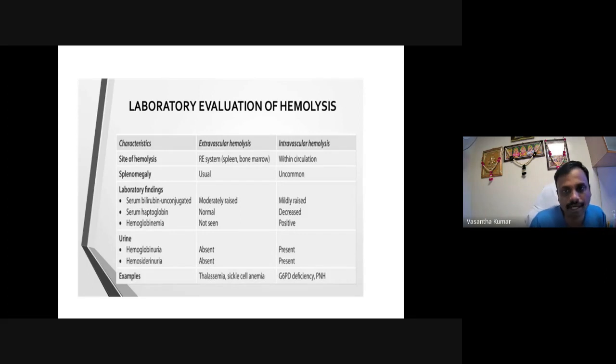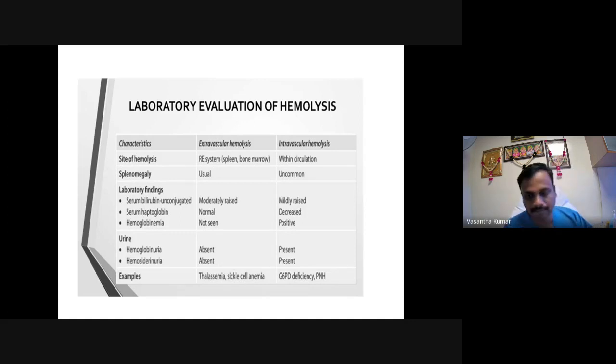So this is the laboratory evaluation of hemolysis. I already told you hemolysis can occur either within the blood cell or outside the blood cell. If it happens within the circulation, it is called intravascular. If it happens outside the blood vessels, either in the spleen or bone marrow, it is called extravascular hemolysis. Examples for extravascular hemolysis are sickle cell anemia and thalassemia.